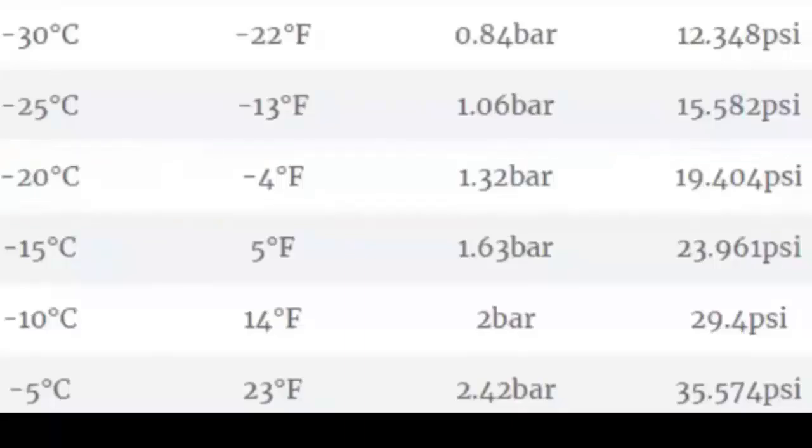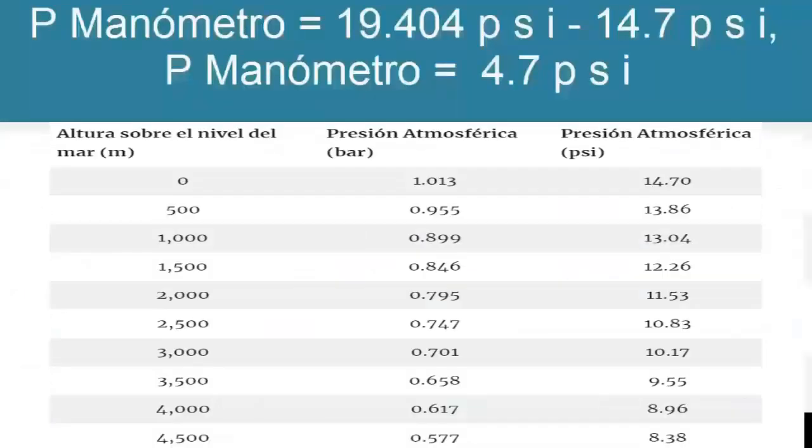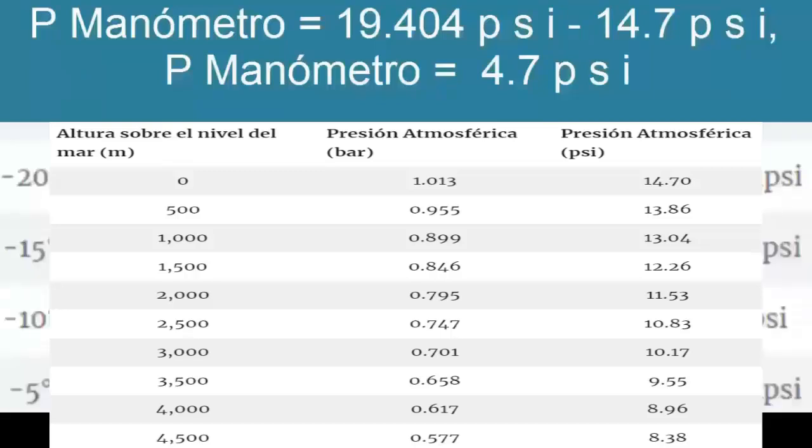The table shows an absolute pressure of 19.404 psi. To find the gauge pressure, subtract the atmospheric pressure according to your local altitude from the table value. In this case, you get 4.7 psi by subtracting the atmospheric pressure of 14.7 psi at sea level.